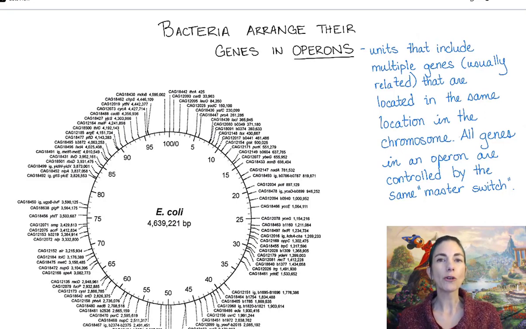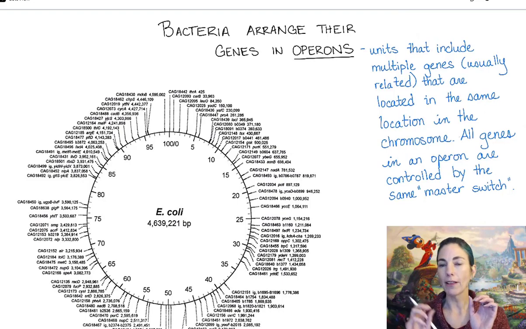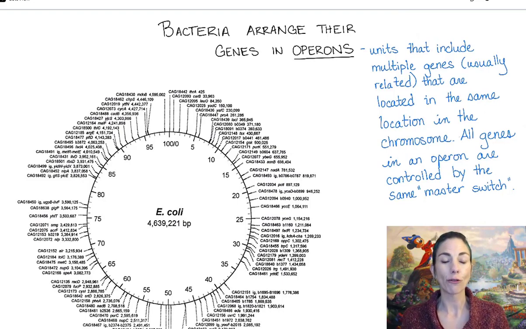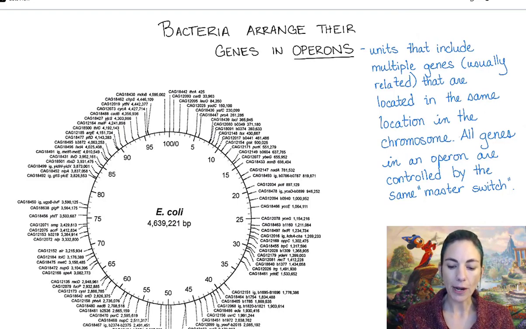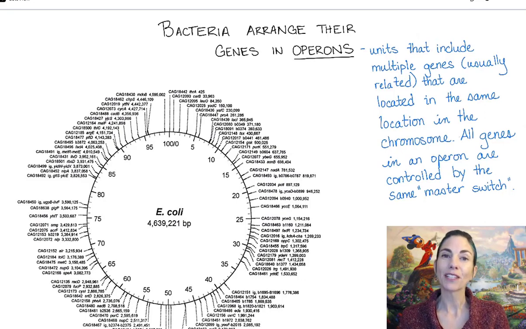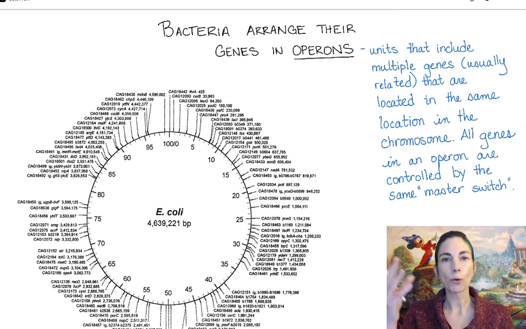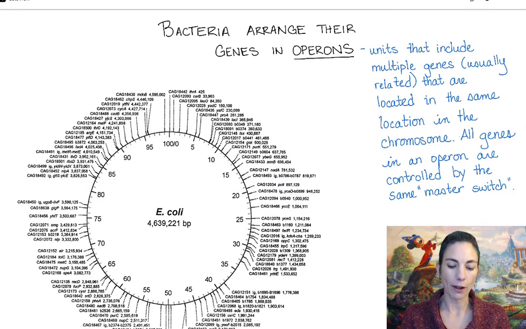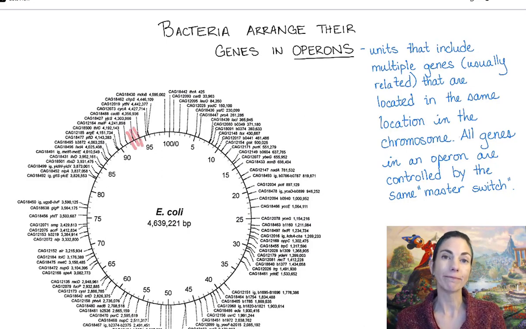So we know that eukaryotes have a tendency to spread their genes around to different chromosomes, but prokaryotes are going to put them together. So if the gene for transporting that sugar is located here, then you can bet that the genes for metabolizing that sugar are also located in that same spot.